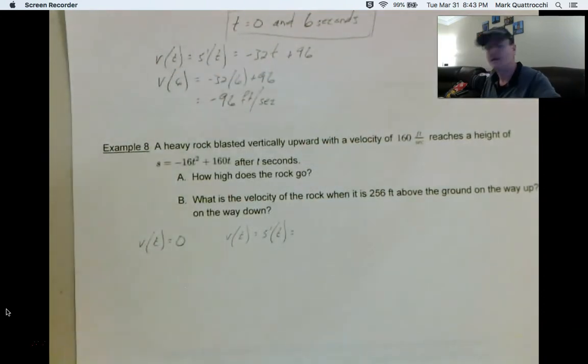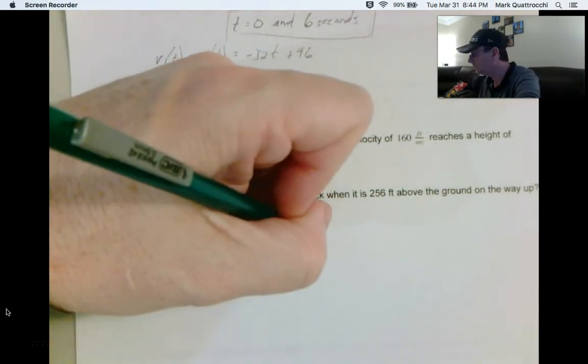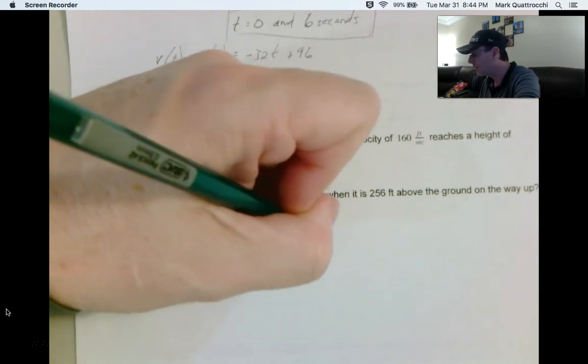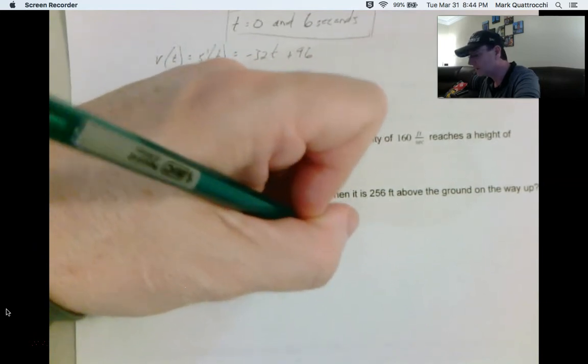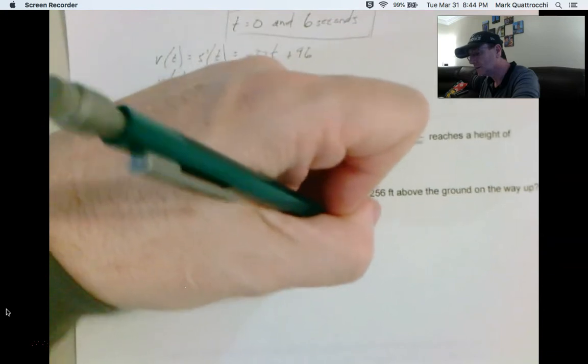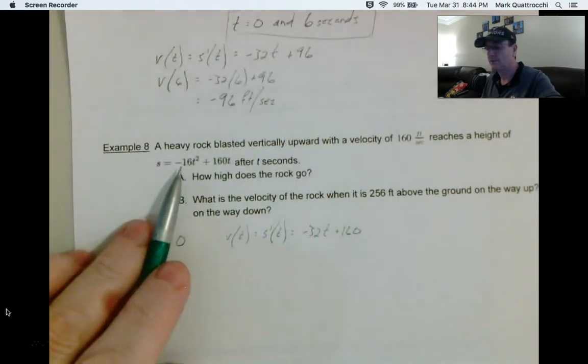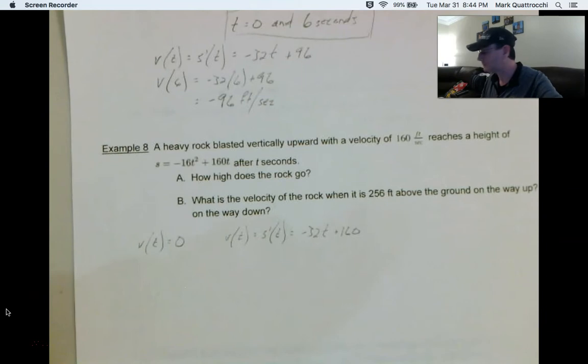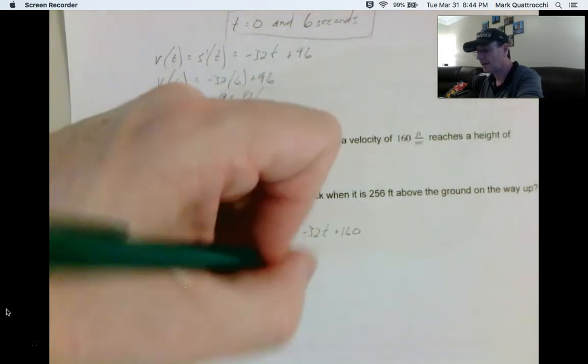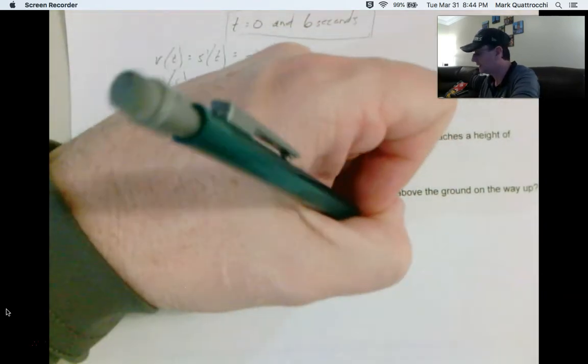Again, s prime of t is equal to negative 32 t plus 160, derivative of s. So that is our v of t function. We want to set that equal to 0.